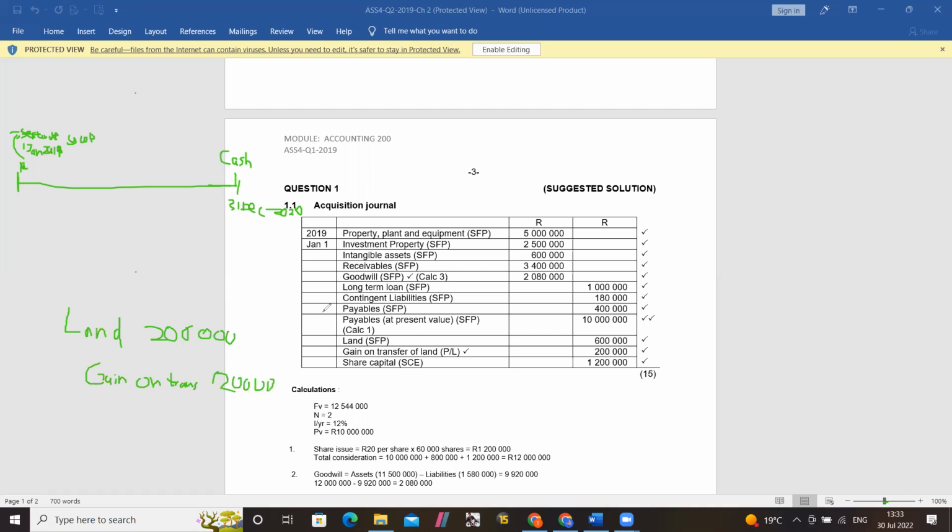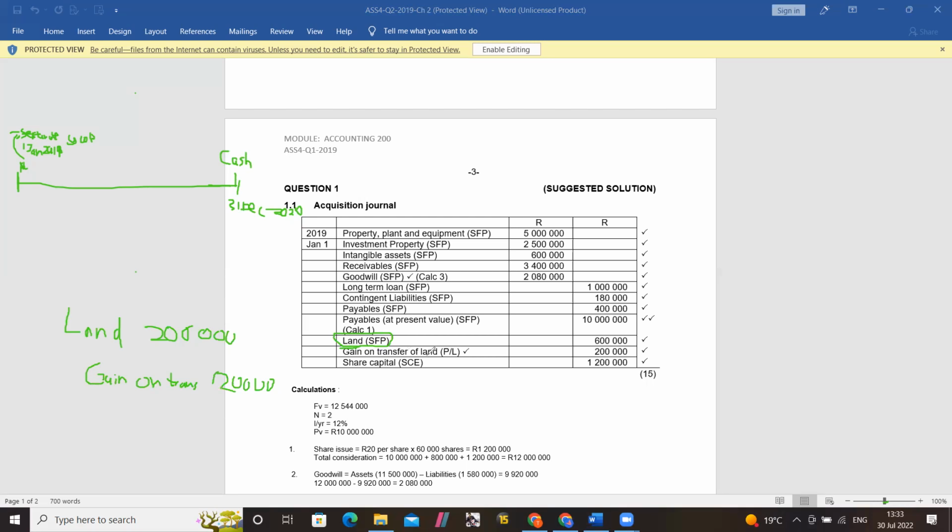And then in this general entry, you're just going to have the 800,000 here. But this gain on transfer of land won't be there, because we don't credit income. We created the land because this was the consideration. The way I like to do my journal entries is via story.